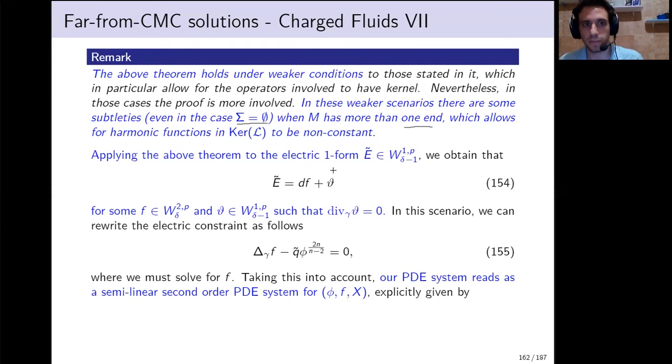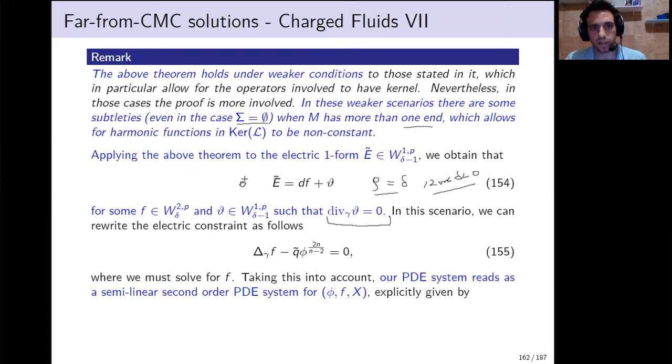So the idea is to apply the above theorem to the electric one form. In this case, the parameter rho coincides with our parameter delta, and we know that we are always going to consider delta in this range where we have good mapping properties for our elliptic operators. And therefore, we split our electric one form as an electric potential and a one form that has this zero divergence property.